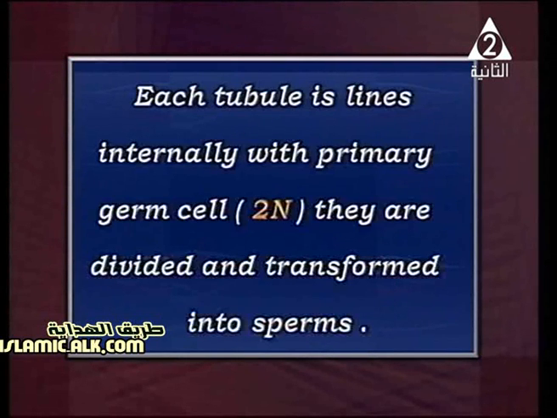Each tubule is lined internally with the primary germ cells. Each one of these cells carries the full genetic material, which is 2N diploid. Till now, there is no meiotic division. They are divided and transformed into sperms.